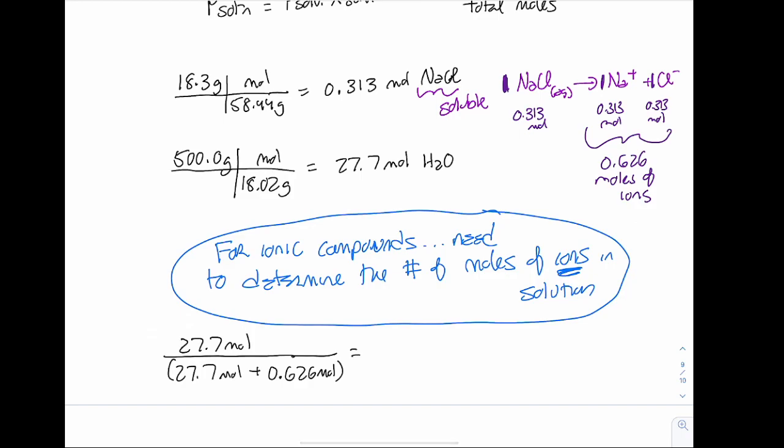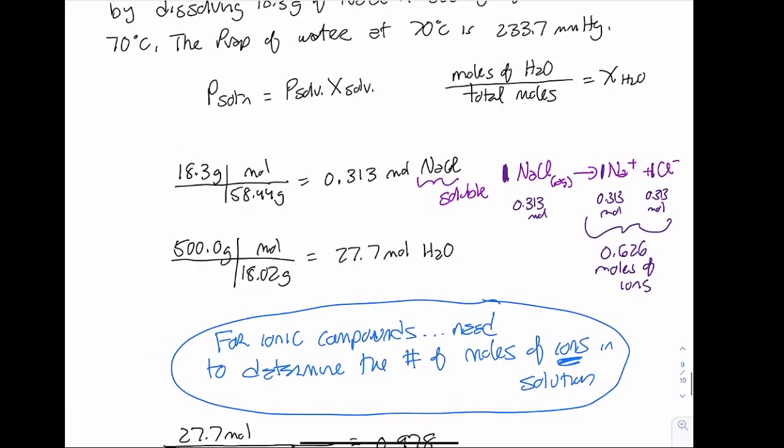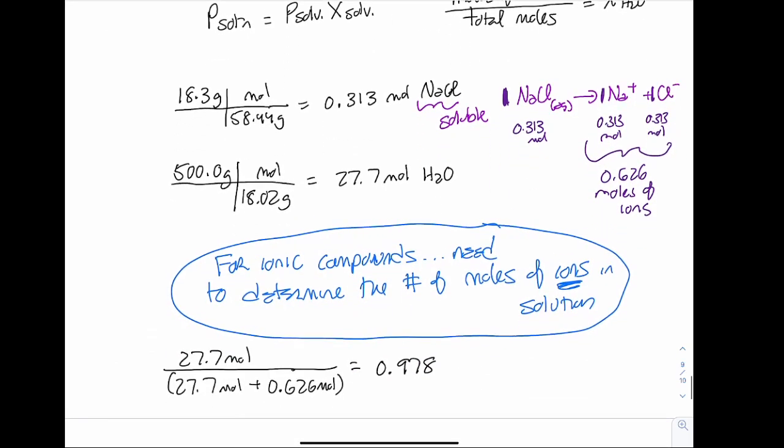So we'll divide that out, and I end up with a mole fraction of 0.978. Remember, mole fractions don't have units. Moles on top cancel with moles on the bottom. So my mole fraction of water in this solution is 0.978.